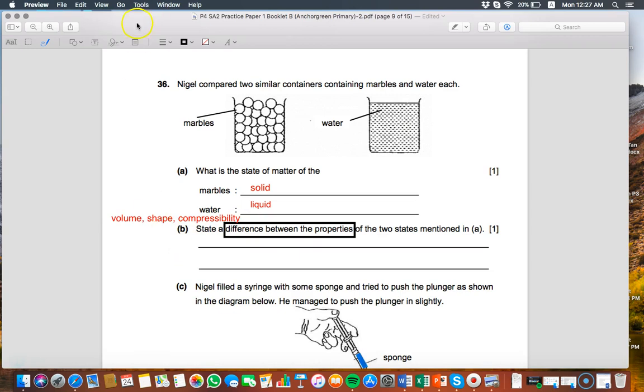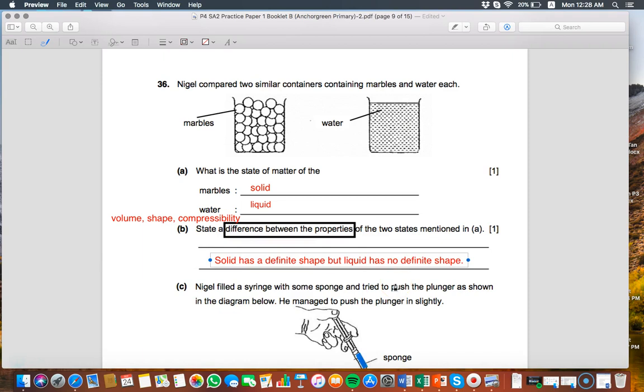And the difference between a solid and a liquid is shape. Solid has a definite shape, but liquid has no definite shape. So that would be the difference, and that will be 1 mark.